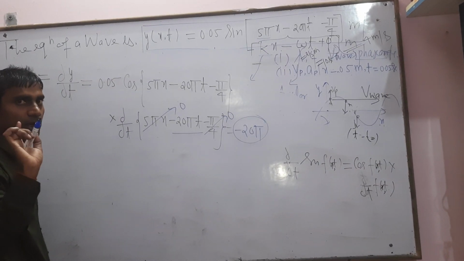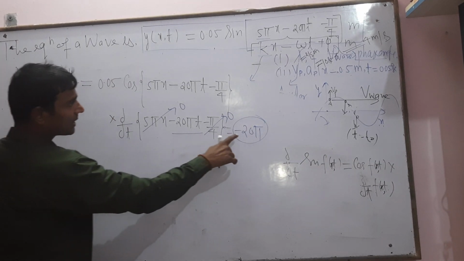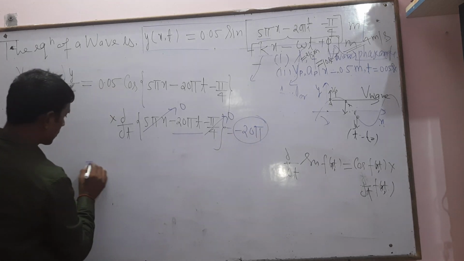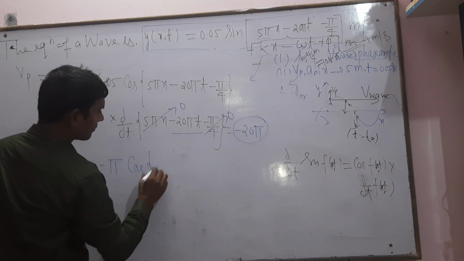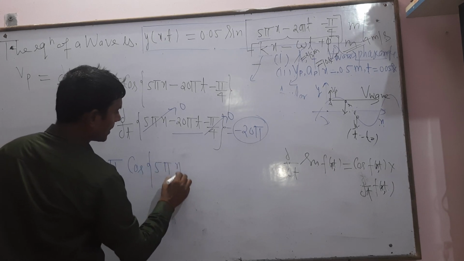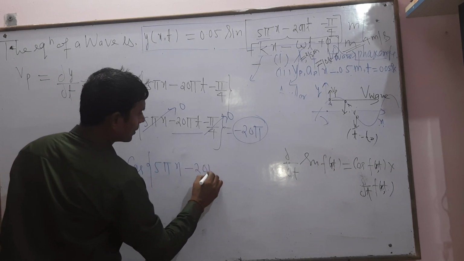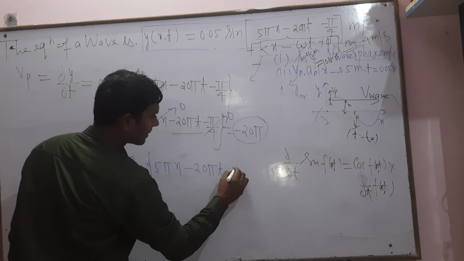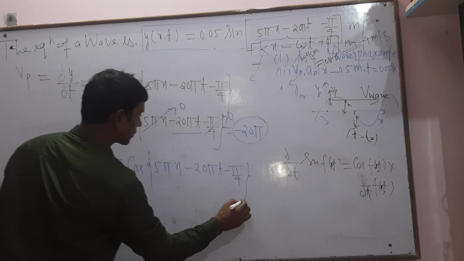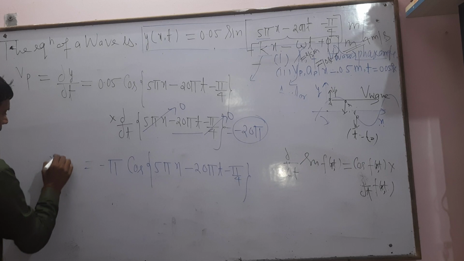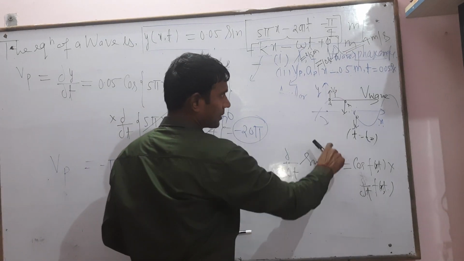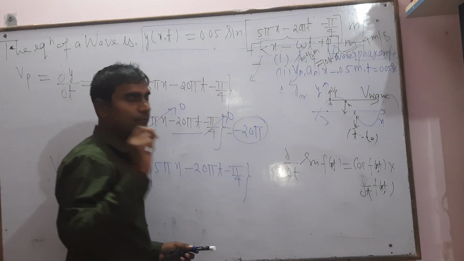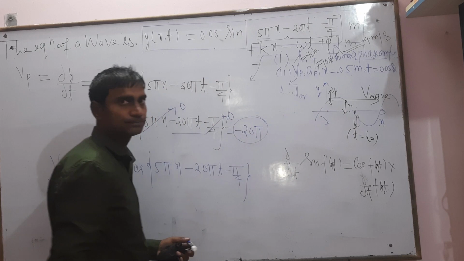So that number equals 1, which means we get minus pi into cos of (5 pi x minus 20 pi t minus pi by 4). This is the particle velocity, the up and down motion. The wave velocity is right or left.